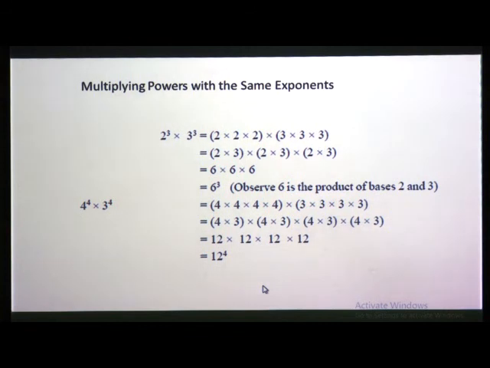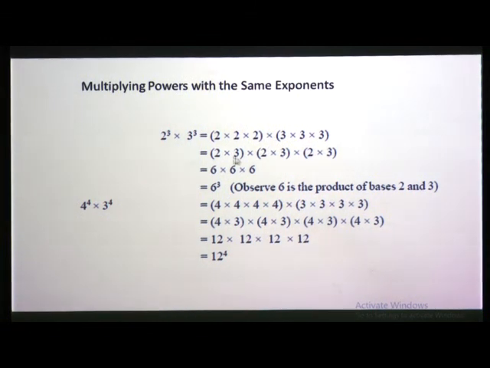Multiplying powers with the same exponents. Here, 2 raised to 3 and 3 raised to 3. Write this as 2 into 2 into 2, 3 times, and 3 into 3 into 3, 3 times. Make pairs of these: 2 into 3, 2 into 3, 2 into 3.